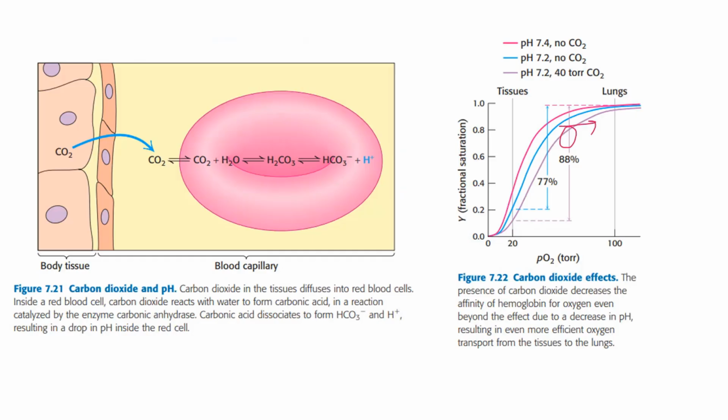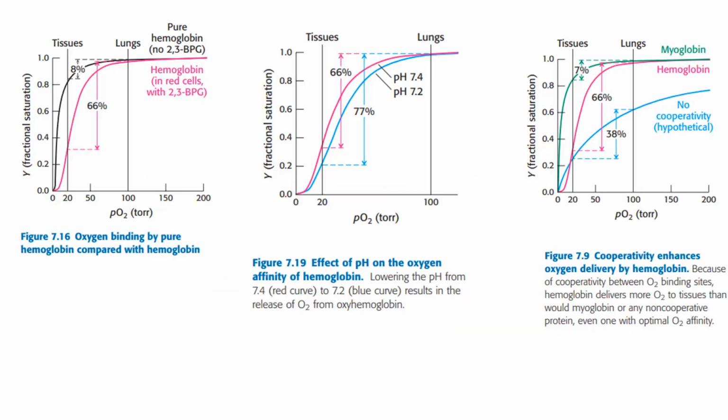Next, we move on to 2,3 BPG. Here is a graph which shows oxygen binding by pure hemoglobin. That is, they have purified hemoglobin and observed oxygen binding by pure hemoglobin, denoted by the black line.